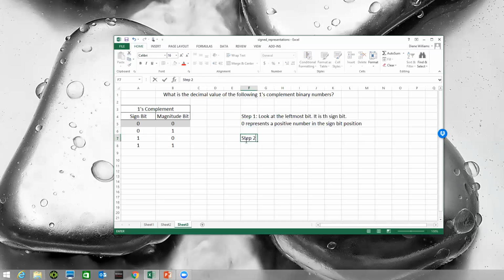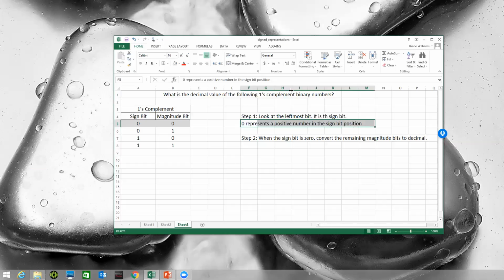Step 2, when the sign bit is 0, convert the remaining magnitude bits to decimal. Let me just write this in here.